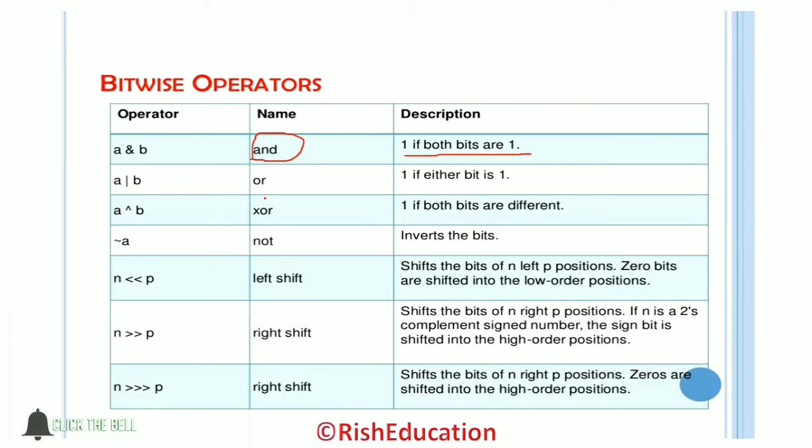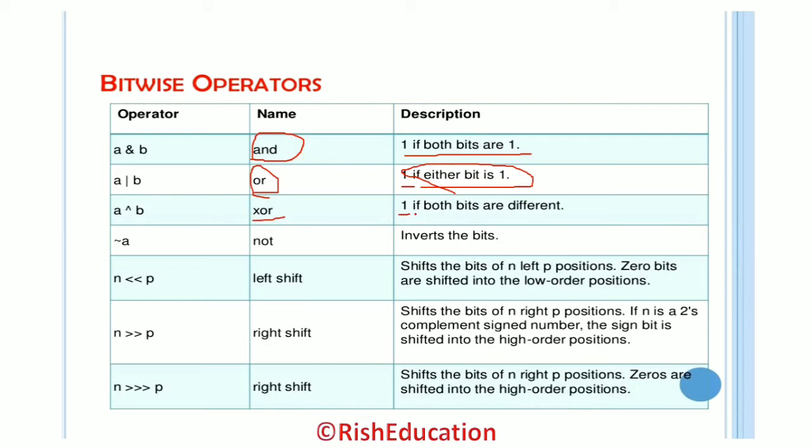Then the OR operator: it will return 1 if either of the bits is 1 in case of A and B. Now the XOR operator: if the bits are different, it gives the result 1.